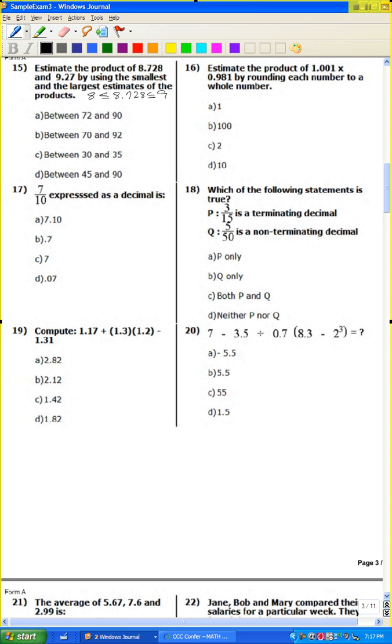Just get rid of all the fractional part. And for the largest, round up no matter what. Go up to the next number. And so for 9.27, well, that's going to be a 10. It'll be estimated somewhere between 9 and 10. So the product here, if I just multiply those together, well, 8 times 9 is 72, and 9 times 10 is 90. And so the answer should be A.